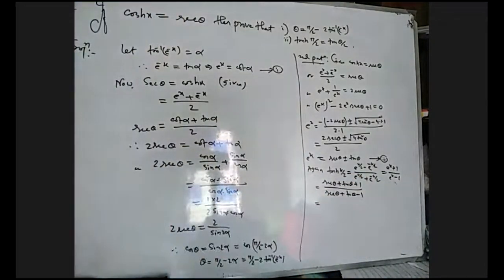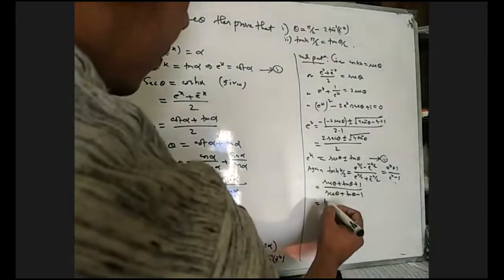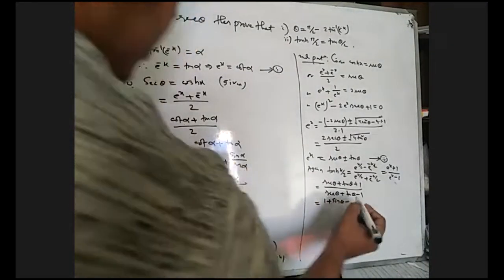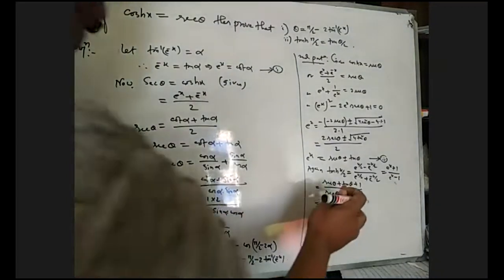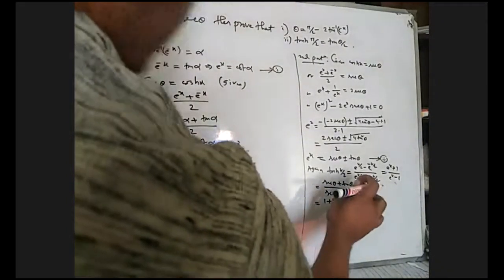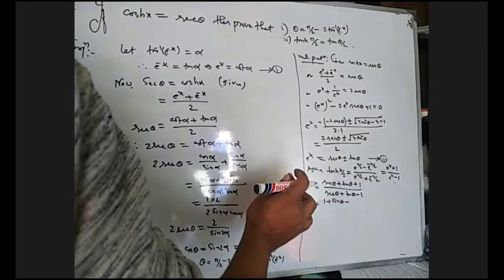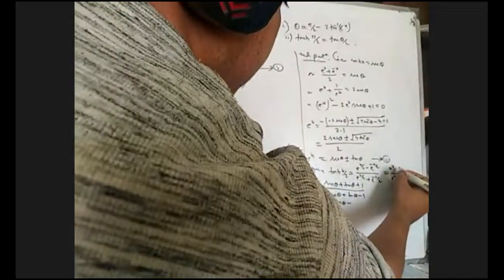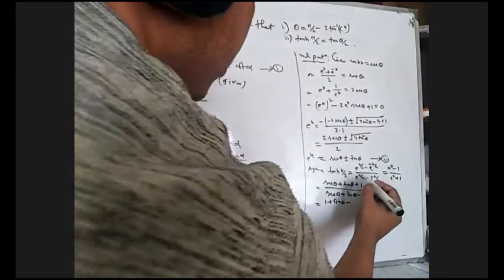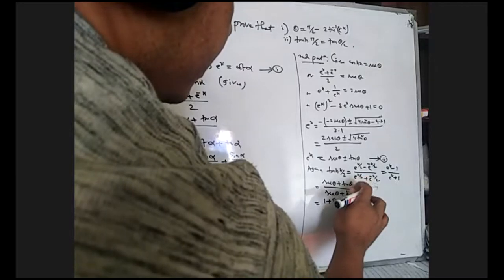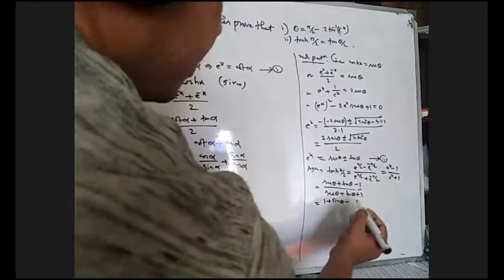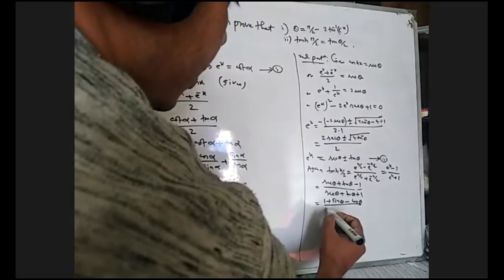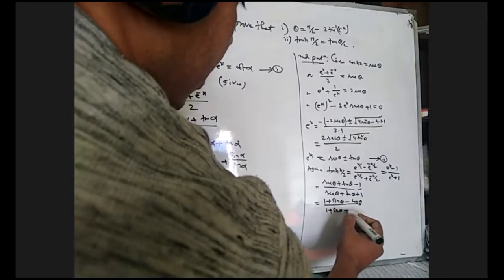Then cos theta will be the LCM. So 1 plus sin theta minus cos theta divided by 1 plus sin theta plus cos theta.